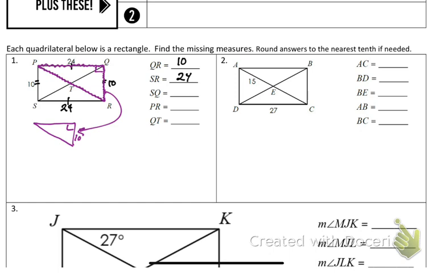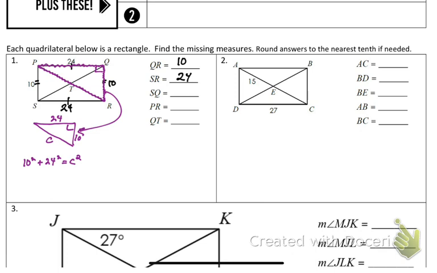I know this 10, I know this 24, and so we can use A squared plus B squared equals C squared. Can someone remind me, which one of those 3 letters would be my hypotenuse? C squared. C would be my hypotenuse. So I could go ahead and call this my C. So we would do 10 squared plus 24 squared equals C squared. I would just plug it into my calculator.